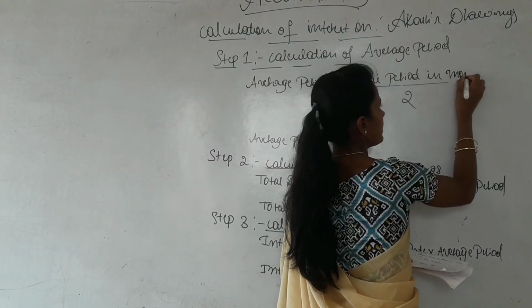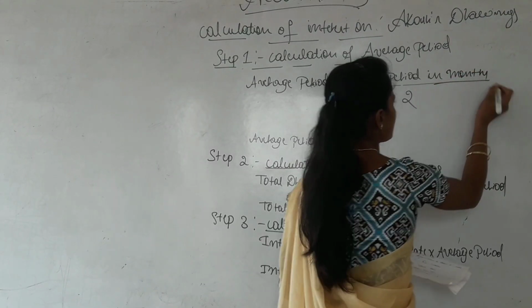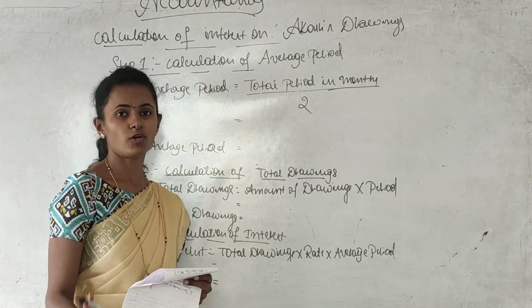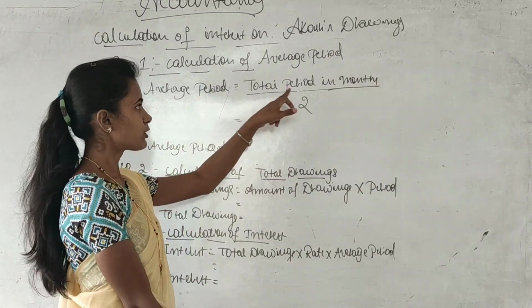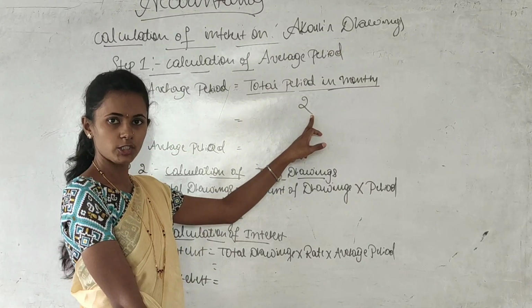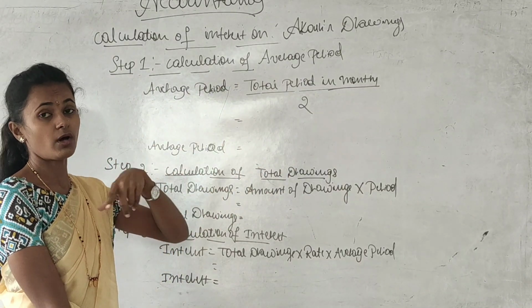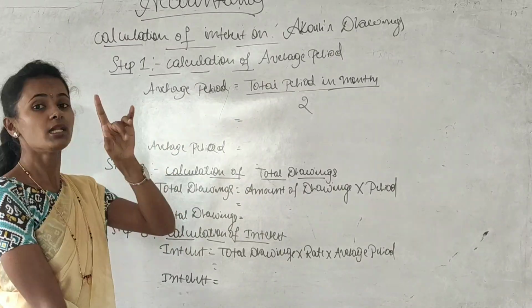Once again I repeat, total period in months divided by 2 is our formula for the calculation of an average period if the drawings are made in the middle of a month.